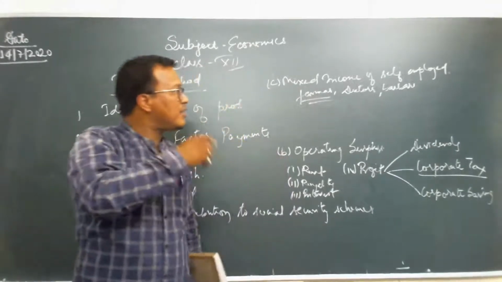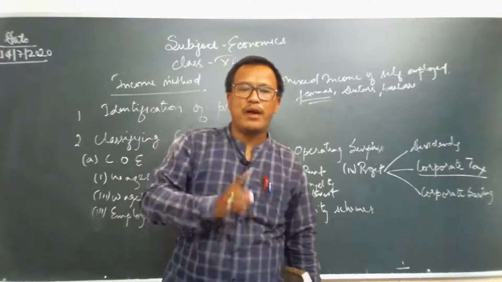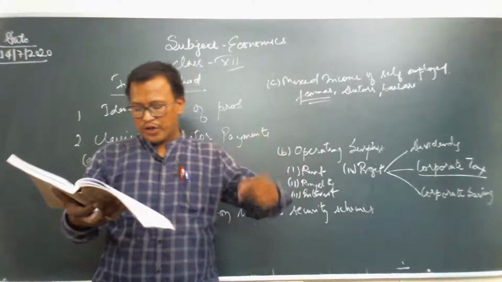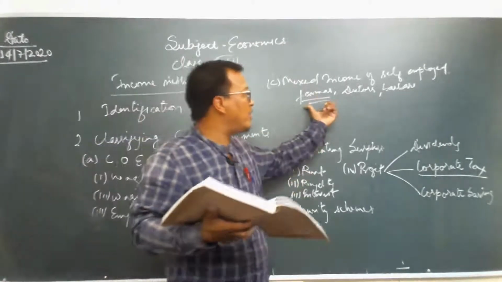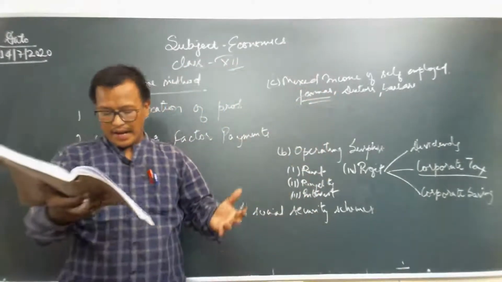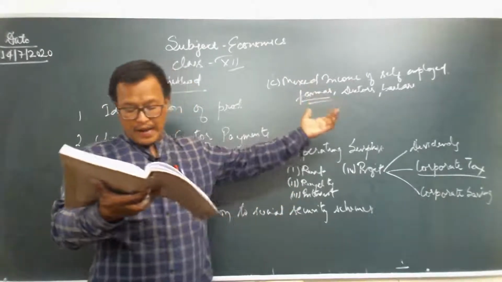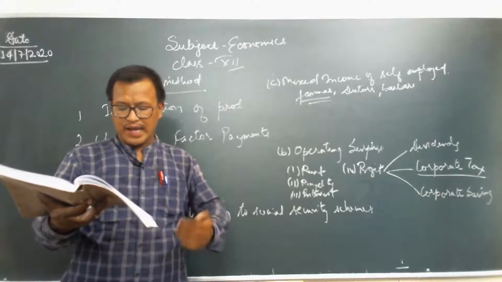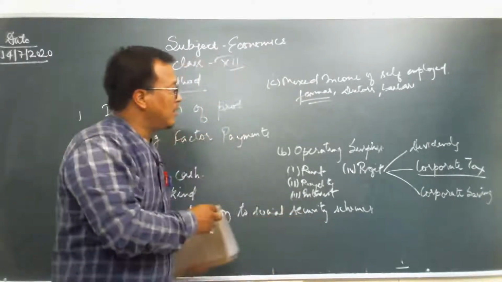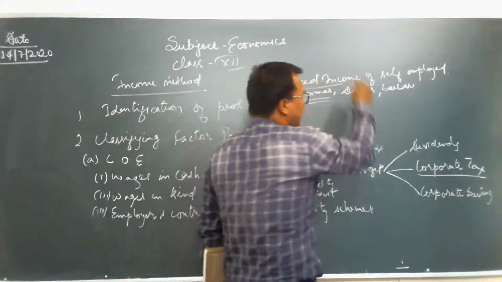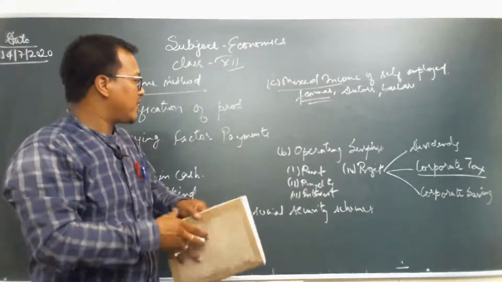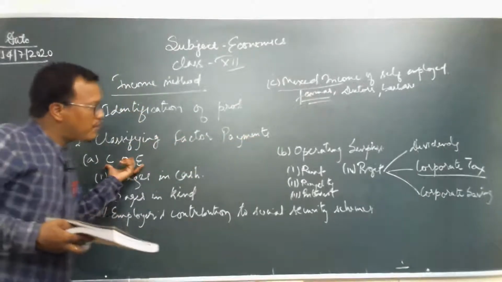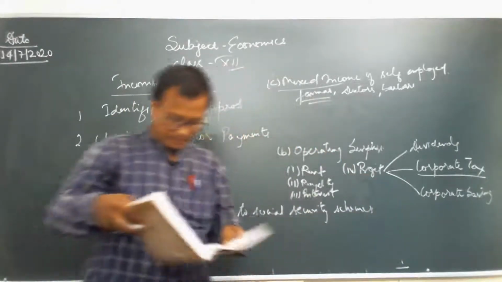But in this sector, in mixed income, they do not have proper accounts, and they use their own resources. A farmer's resources will be land, labor, etc. As a result, it becomes difficult to classify their income. So it is kept separately as mixed income, not like our compensation of employee or operating surplus.